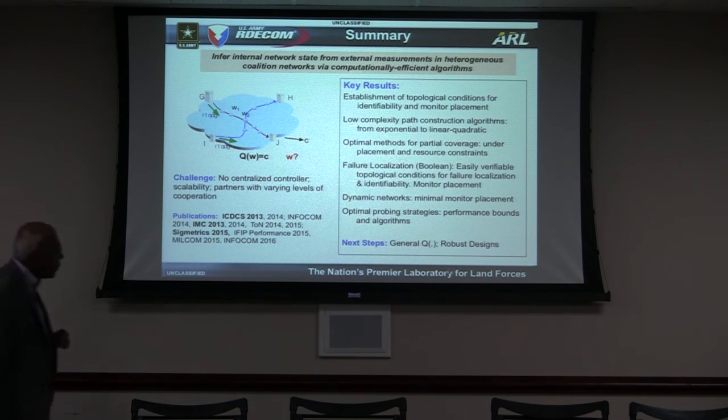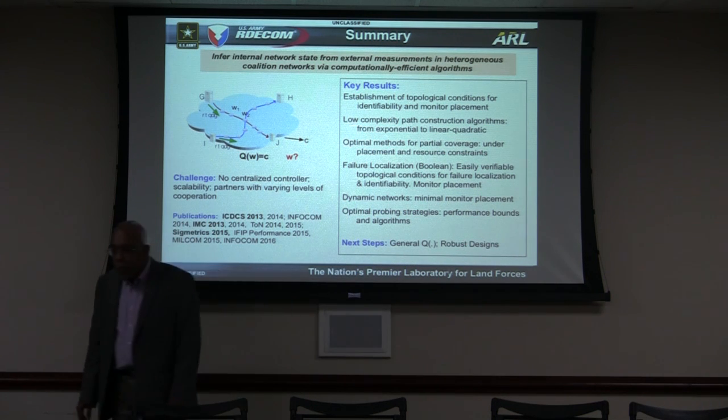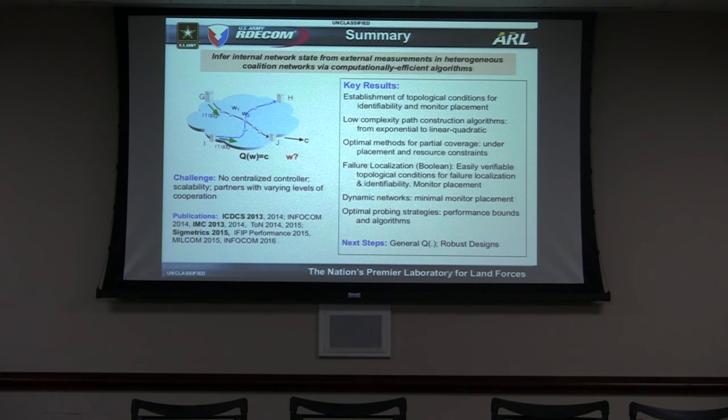The other things one could do are robust designs, more than what I talked about. What about real time? It's not that I know the topology, but I can do some topology prediction, and then what can I do? Another thing is what about different Q functions? We talked about simple things, addition, multiplication, Boolean problems, but there may be other interesting ones.